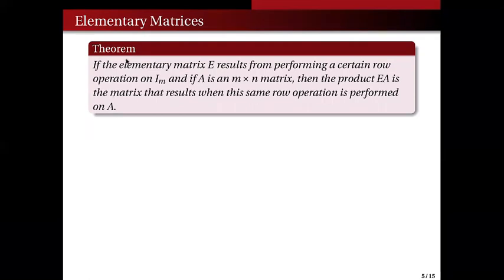So first take note, the identity matrix is M by M. If you apply an elementary row operation, you'll still get M by M. So E is M by M. This matrix A is M by N. So take note, your E is on the left, A is on the right.